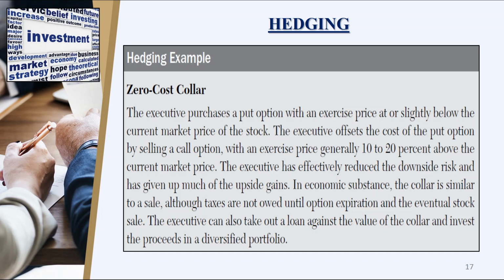The executive has effectively reduced the downside risk and has given up much of the upside gains. In economic substance, the collar is similar to a sale, although taxes are not owed until option expiration and the eventual stock sale. The executive can also take out a loan against the value of the collar and invest the proceeds in a diversified portfolio.